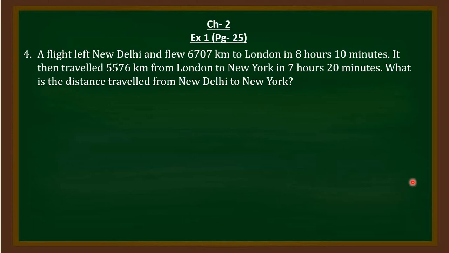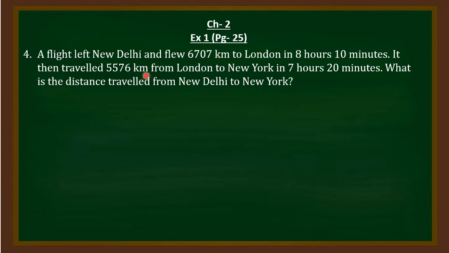So this means we will add the distance of both the journeys the plane covered. Kids, the time given to you in this question is merely additional information and we don't need that information to solve our question. We just need the distances which are mentioned in kilometers, right?